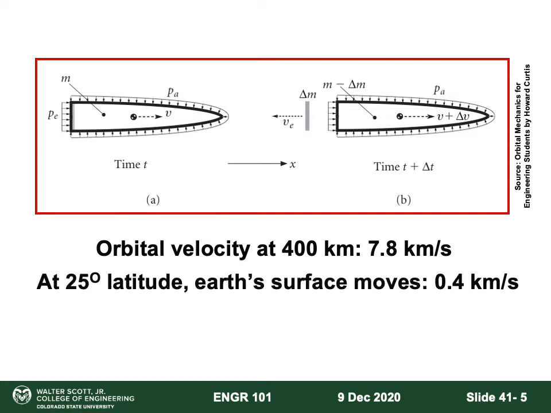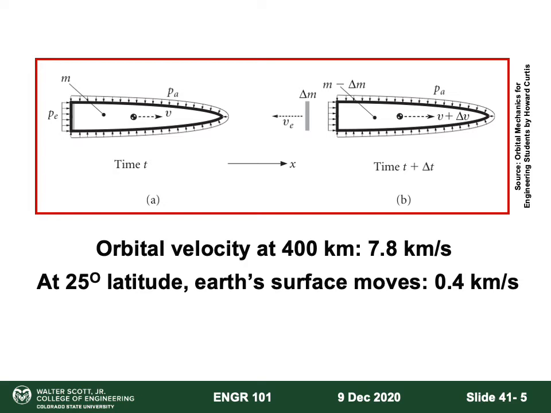At 25 degrees north latitude, which is where Florida is located, the Earth's surface moves eastward at a velocity of 0.4 kilometers per second. So by launching rockets to the east, we only need a delta, a change in velocity, of 7.8 minus 0.4, or 7.4 kilometers per second.